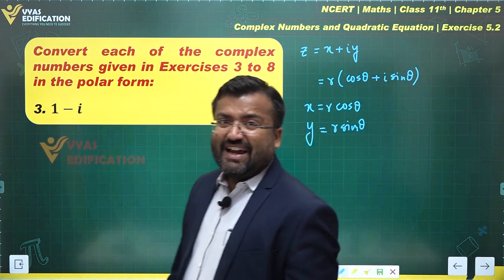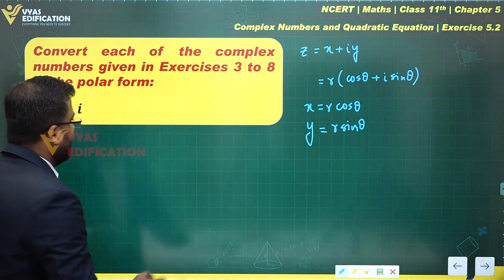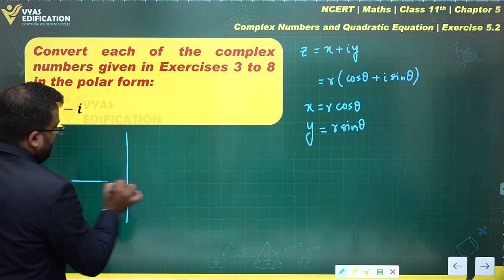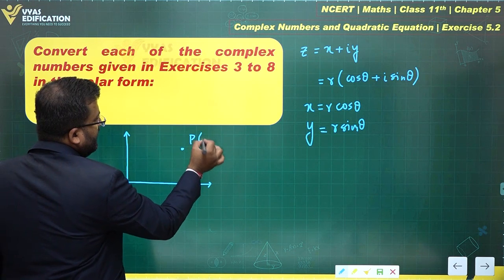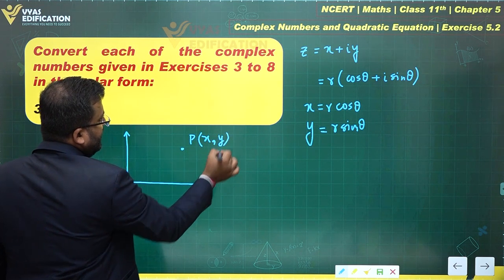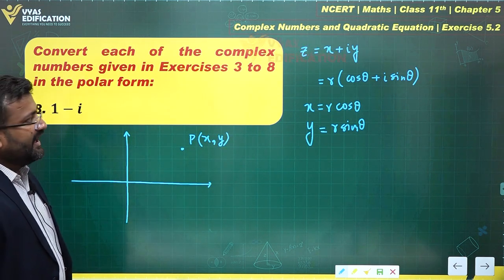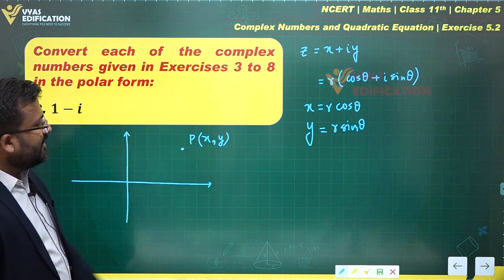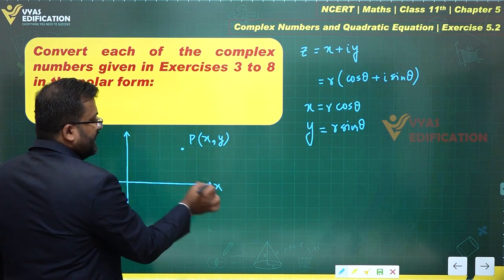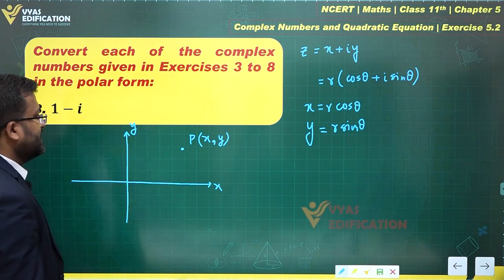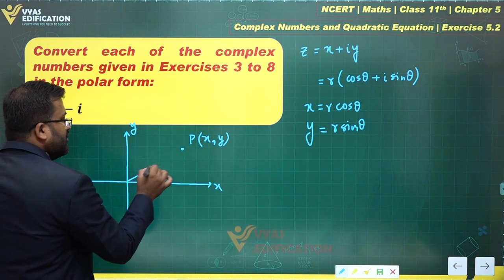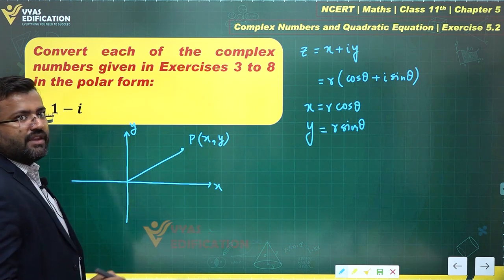What do x, y and r, theta represent? Let me draw the diagram once and explain it for you. For any point P (x, y) in the Argand plane, x plus iy can be represented by this point. This is the real axis and this is the imaginary axis. Now this point P can also be represented in another way.